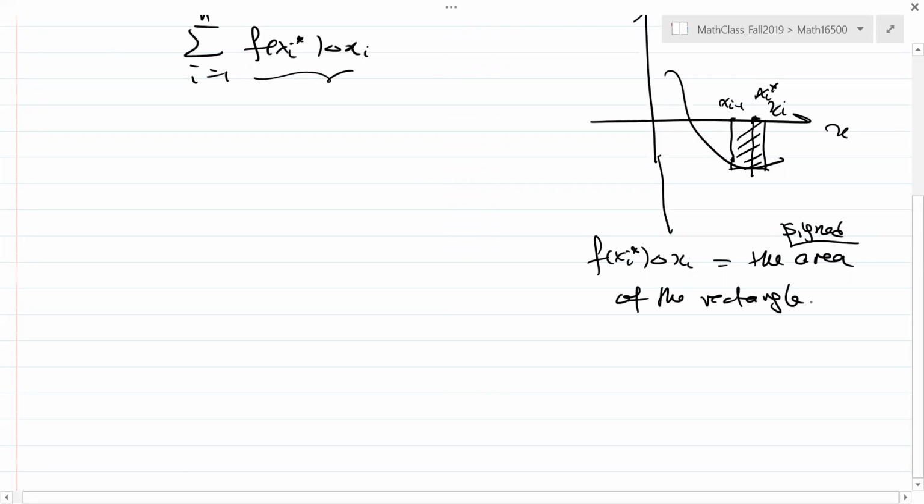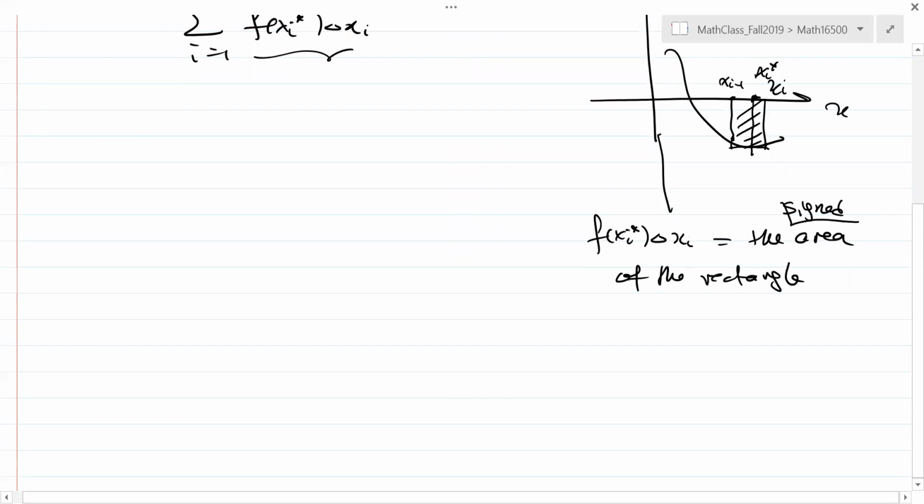This is a rectangle. The width is going to be delta x_i. The length is going to be f of x_i star, but the length in this particular case is negative. That's what I call the signed area.